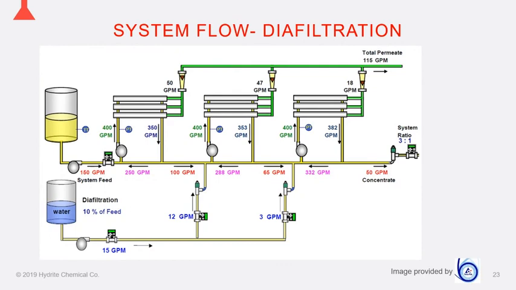On this diagram, courtesy of Tetra Pak, and we thank them, we have an additional tank which has the diafiltration water in it. From here, you can see how they determine where they're going to put that flow. There'll be a flow meter and a valve that controls the flow, and it hits into the baseline right there by the pump.